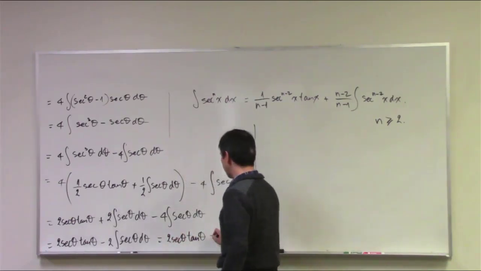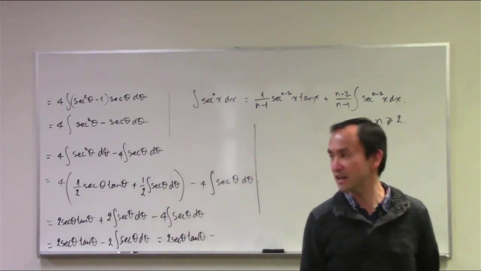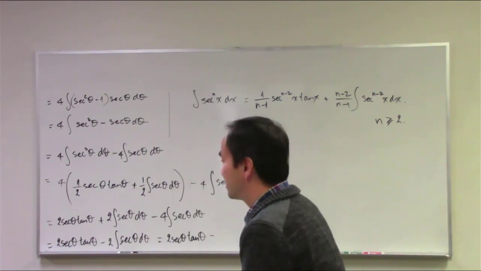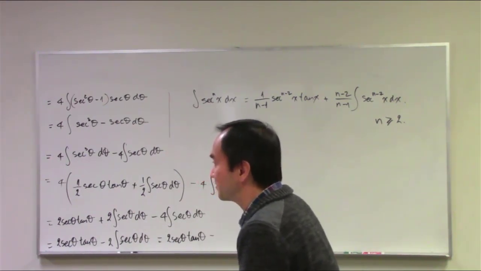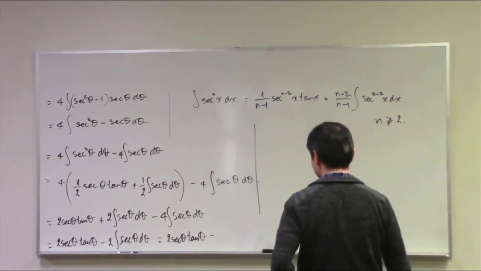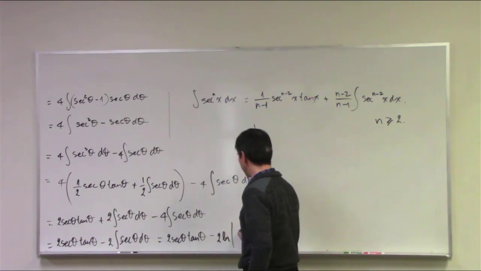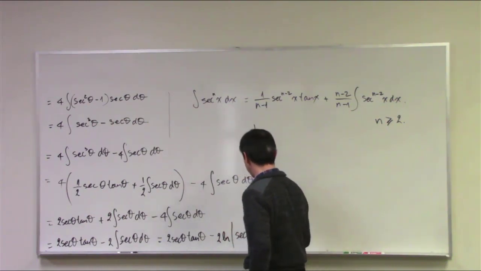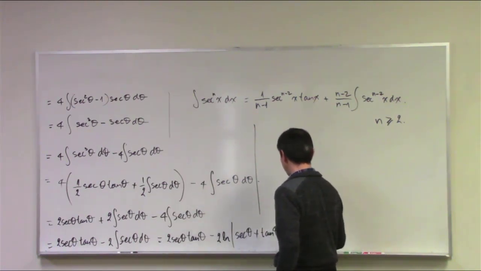And we're subtracting. Now, you guys recall from last time what we did with the integral for secant theta? It's the logarithm of secant theta plus tangent theta. Yes, right? 2 times logarithm of secant theta plus tangent theta plus c.